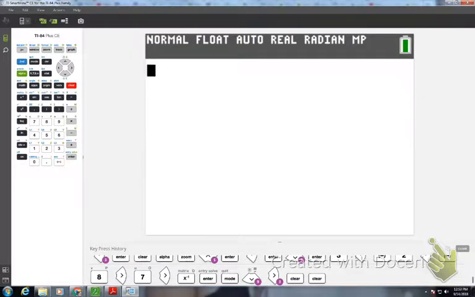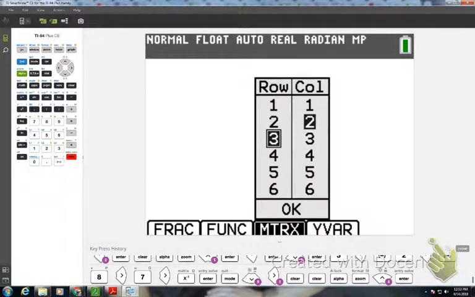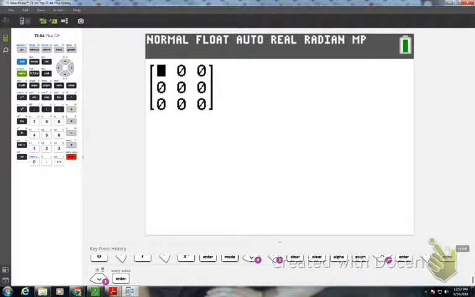All right, so let's clear this all out. Let's start with the 3x3 matrix. So alpha, zoom, change the dimensions to a 3x3. Enter the elements.